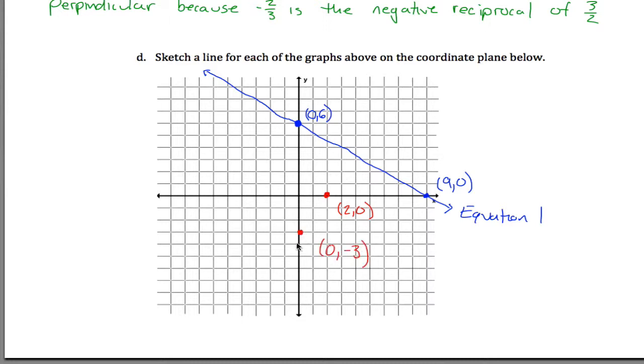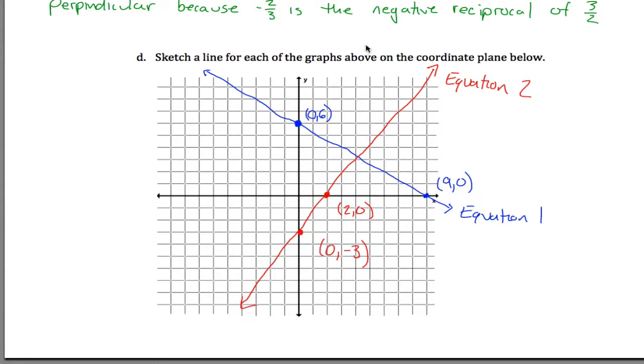And what I can do is try to connect those guys with a straight line. I think it should look something like this. Good enough. And so this right here is equation 2.